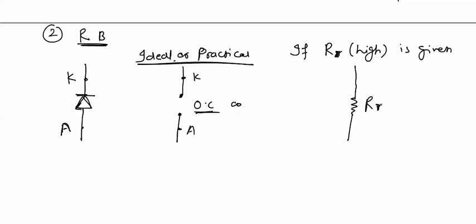Means diode is behaving like a very high resistance when it is operating in reverse bias, and ideally it is replaced with an open circuit, means it is not allowing any current to flow through the diode. These are the equivalent circuits of the diode. When we will use this diode in practical circuits, it will be replaced with these equivalent circuits. We will see some examples.